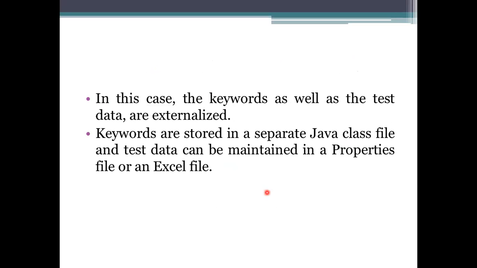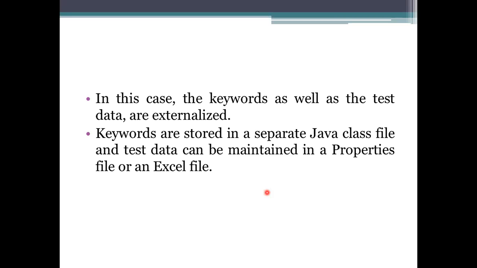And what are the files we take for the processing here? We can take an Excel file or any other resources, such as database resources, which are used to store and access the data. And we need to provide the file along with the test data and the keyword also.